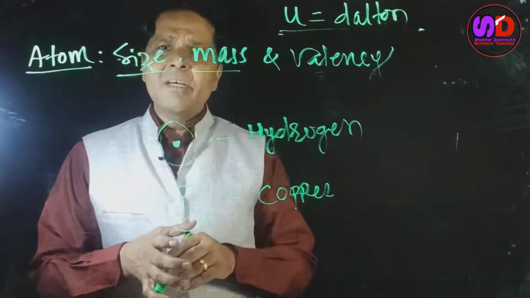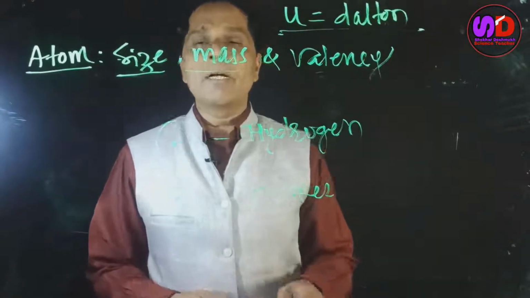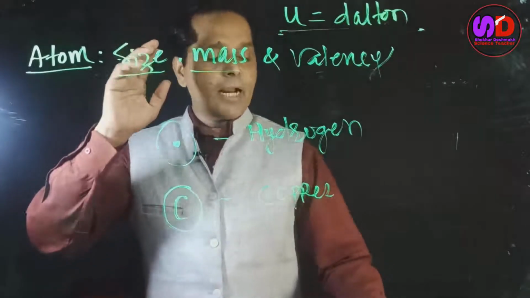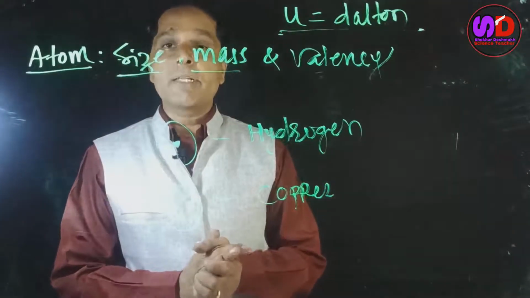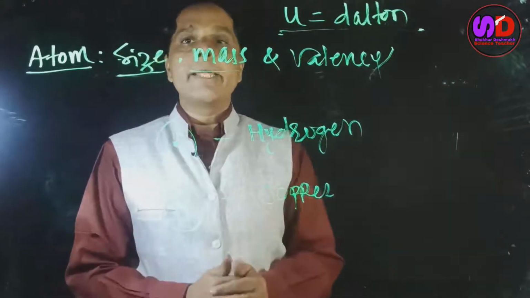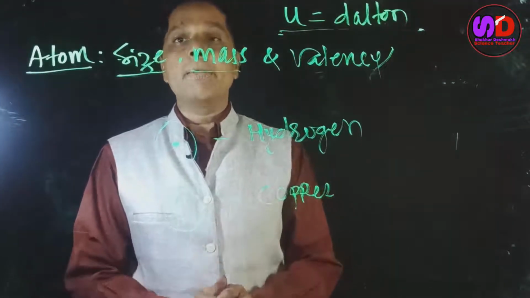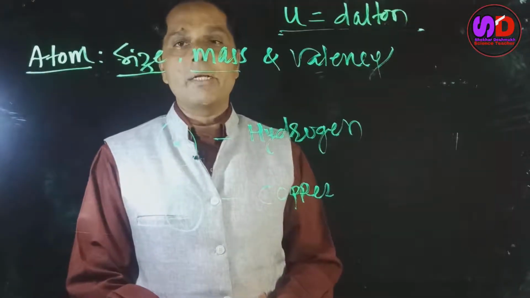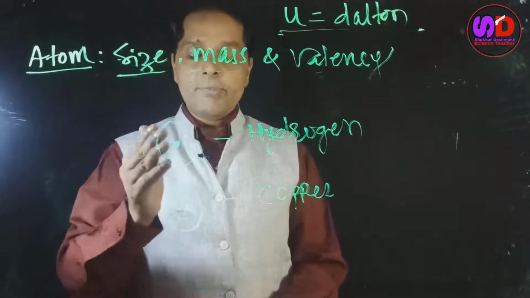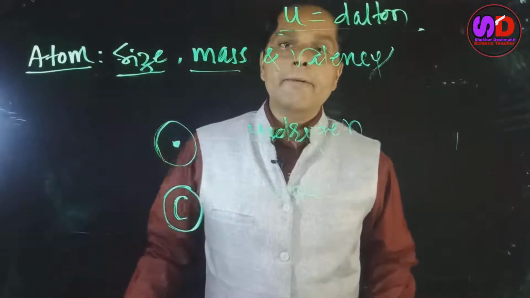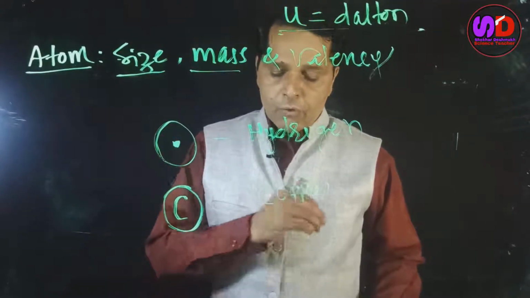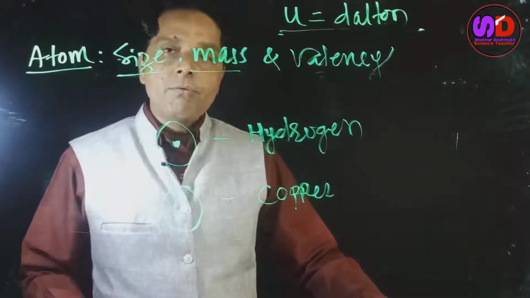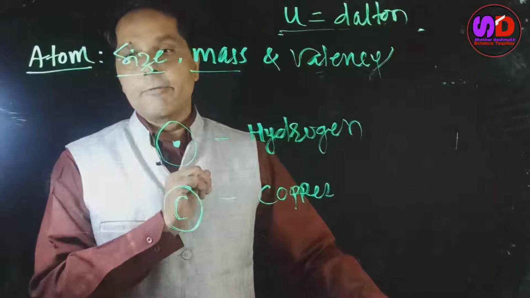But these symbols are very difficult, because at the time of Dalton, few elements were known. After that, many elements came to be known, and the use of these signs became difficult, and therefore now we use the method which is determined by IUPAC.